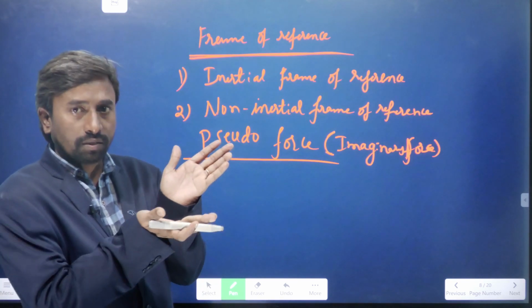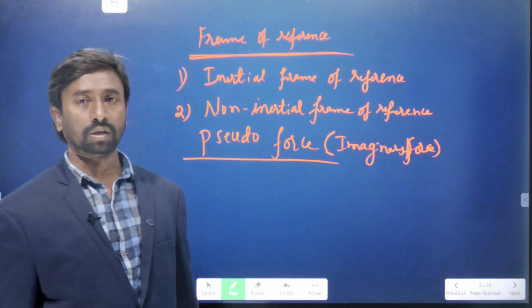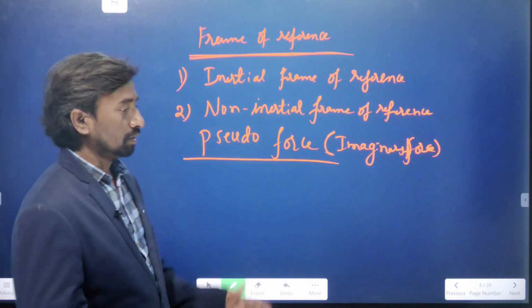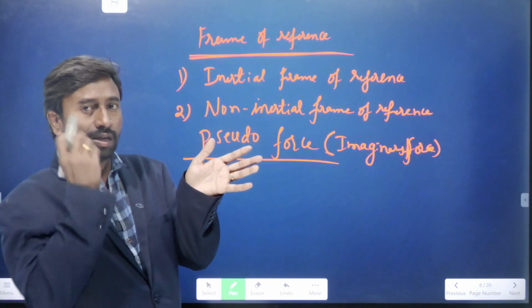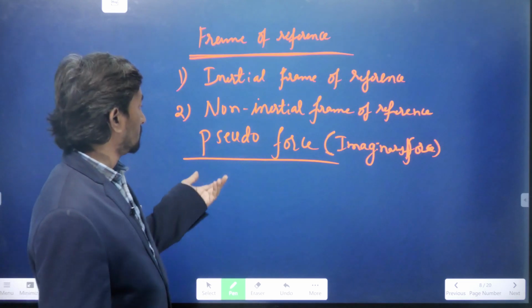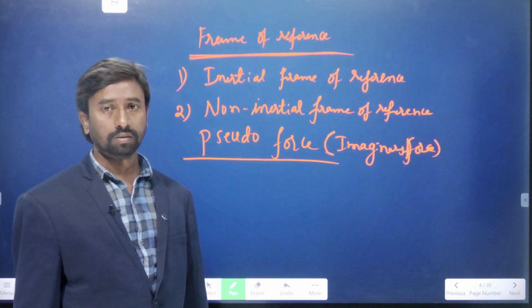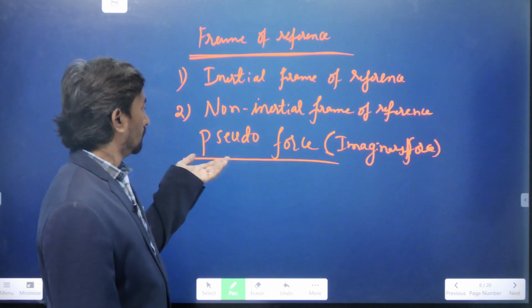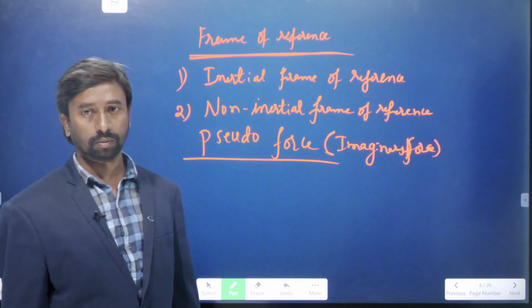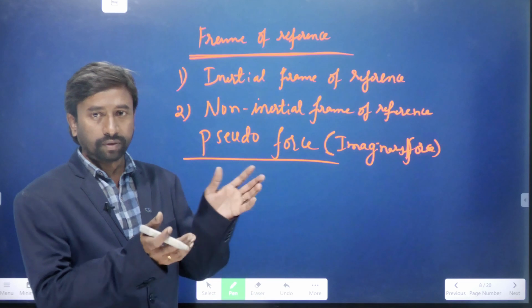If the reference frame is constant, we can describe the motion of the body using Newton's laws of motion. But whenever the reference frame is moving with respect to the ground, it is difficult, so to apply Newton's laws we consider the pseudo force. The pseudo force is the force due to the acceleration of the reference frame.